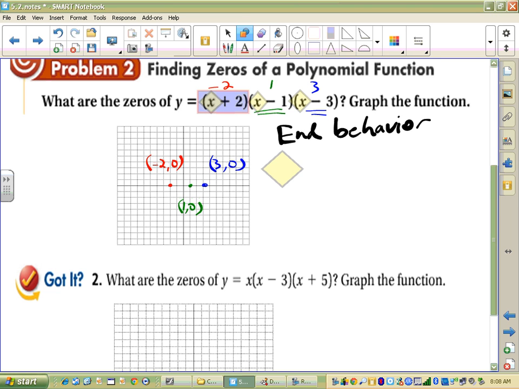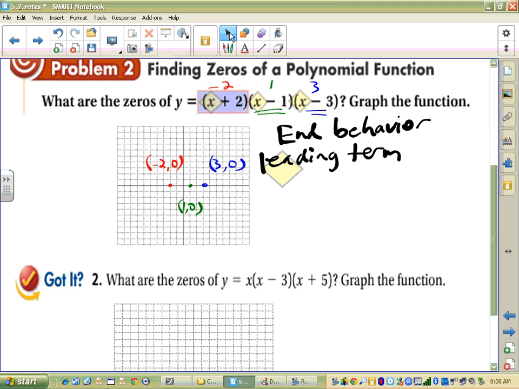My leading term, the result of all that, if I were to multiply x by x by x, would be what? Anyone? x cubed. Nice, good. So my leading term is x cubed. So let's think back to the last section.